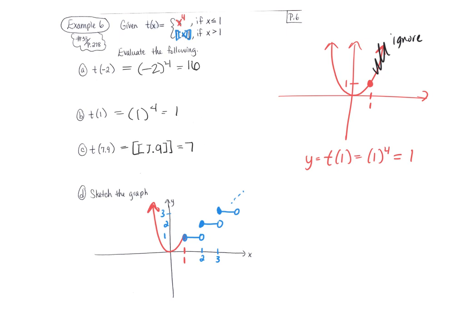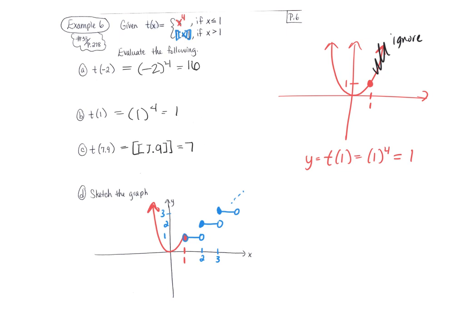If x is greater than 1, so this is technically red. Would it be an open circle since it's not equal to it? It would be open for blue, but for red it's filled in.